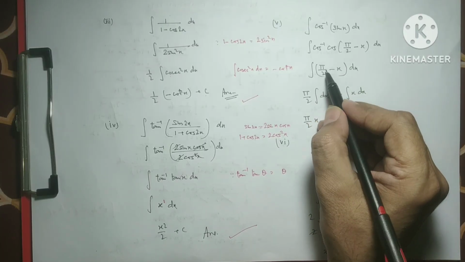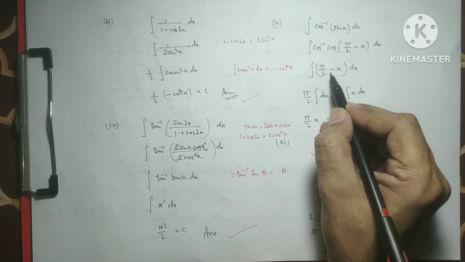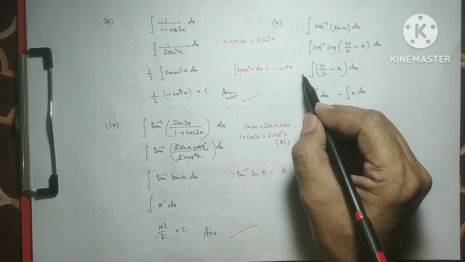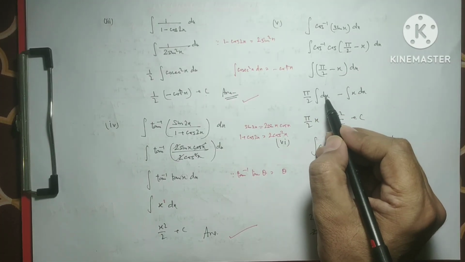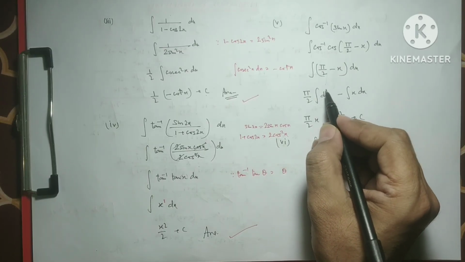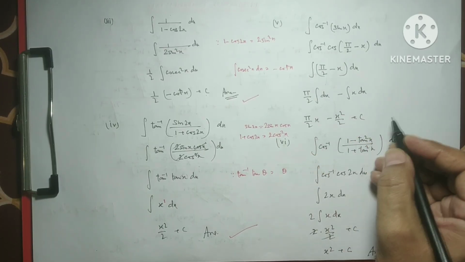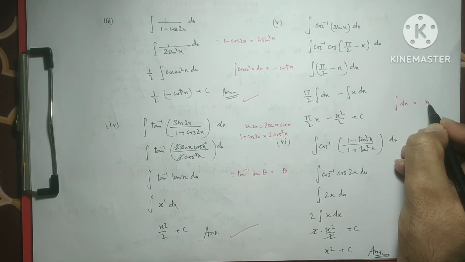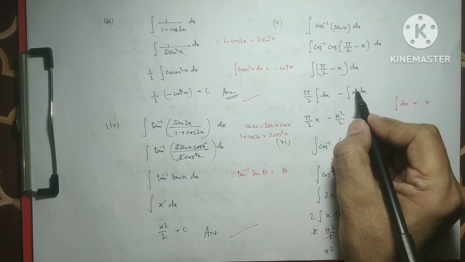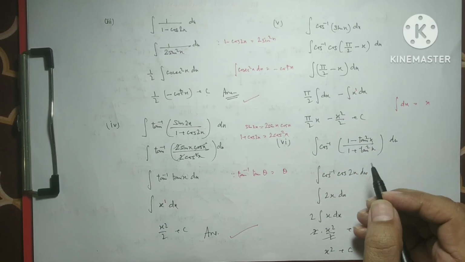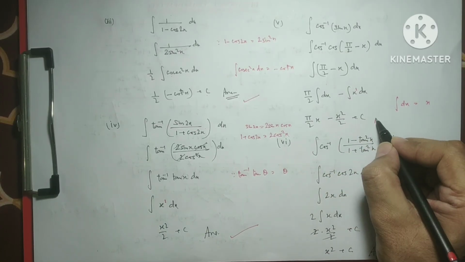So we get pi by 2 minus x. So the integration of this: the constant part comes out, and we have dx only, and there is x dx. So integration of dx is x, and the integration of x to the power 1 is x square by 2. So this is the answer.